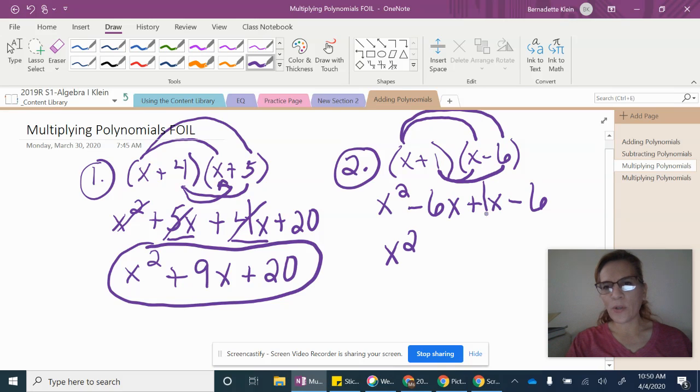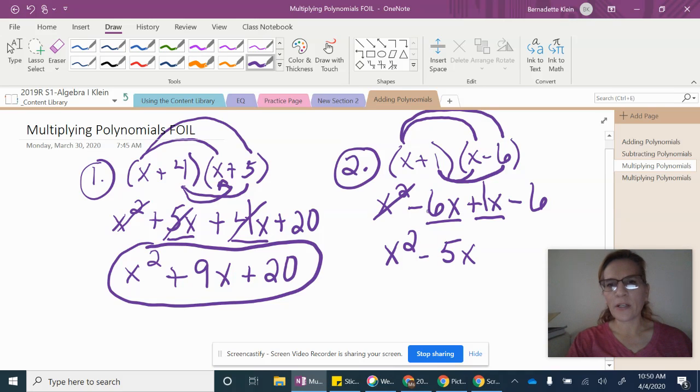I have 2 numbers that have 1x, a negative 6, and a positive 1. When you are adding 2 numbers together, and one is negative and one is positive, you subtract them. So 6 minus 1 is 5, and you take the sign of the bigger number, which is the 6. So it's negative 5, and don't forget your x.